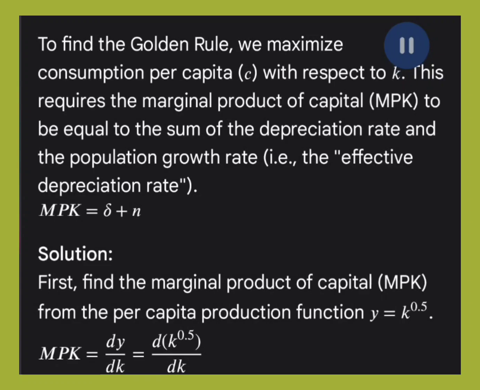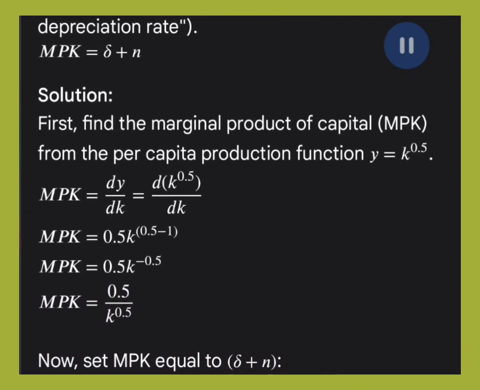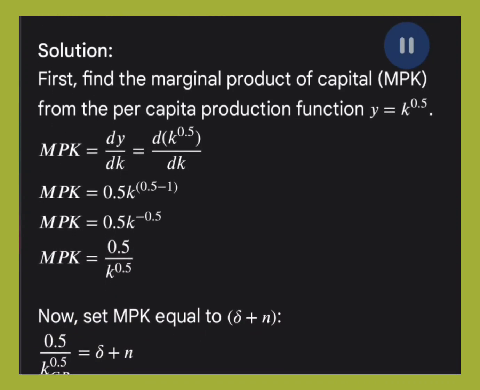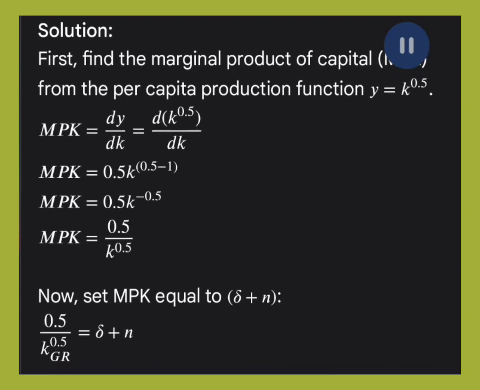Solution. First, find the marginal product of capital, MPK, from the per capita production function, y equals k to the power of 0.5. MPK equals dy over dk equals d of k to the power of 0.5 over dk. MPK equals 0.5 k to the power of 0.5 minus 1.